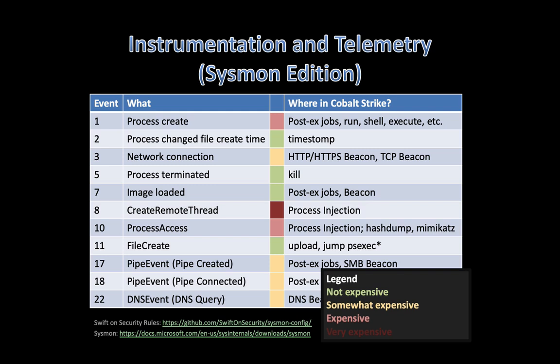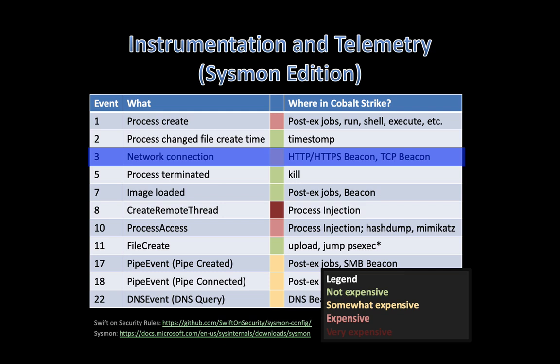Things I've labeled as somewhat expensive are things that are normal system activity, but can also be used as detection events when care is made to try to figure out what does the offense version of this event look like. For example, a network connection. I wrote a blog post a long time ago.